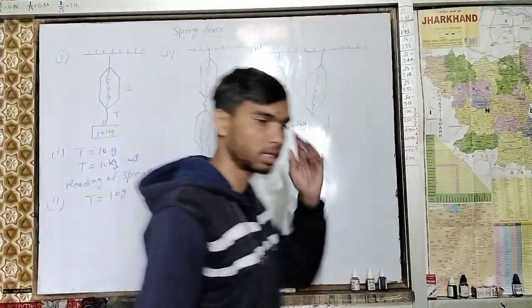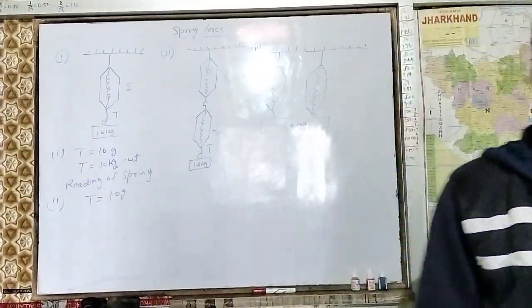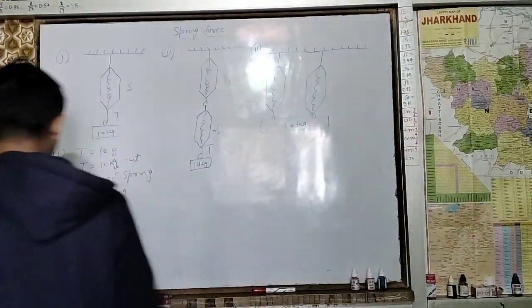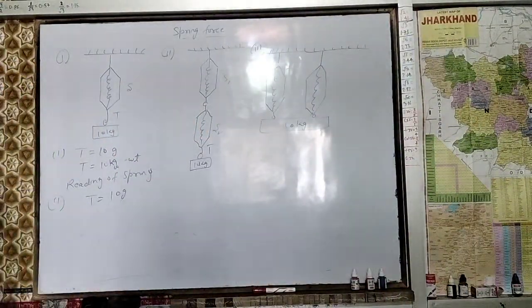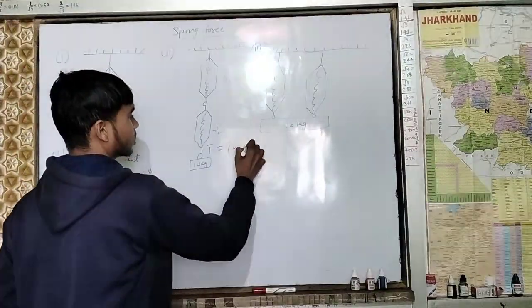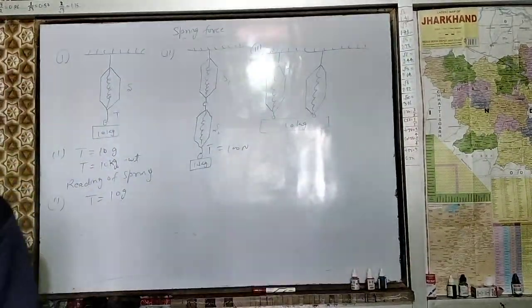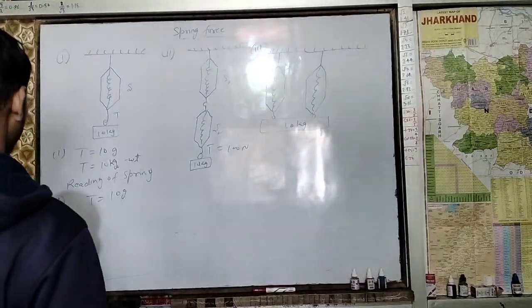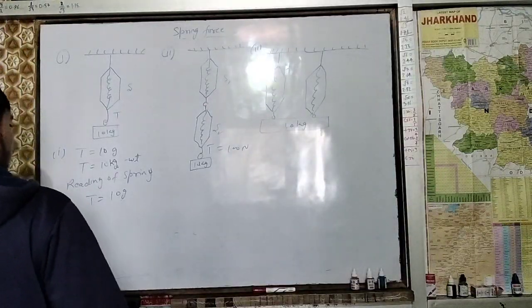Till here, are we correct? This is the value of tension. So tension will be 100 Newton. Just convert this 100 Newton into kg.